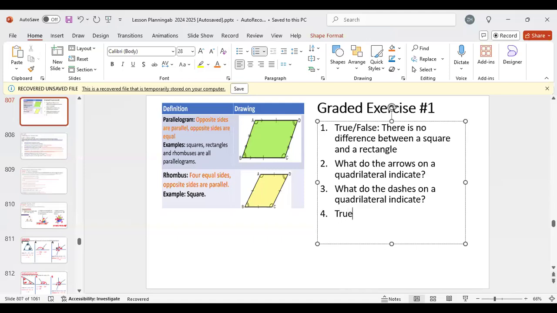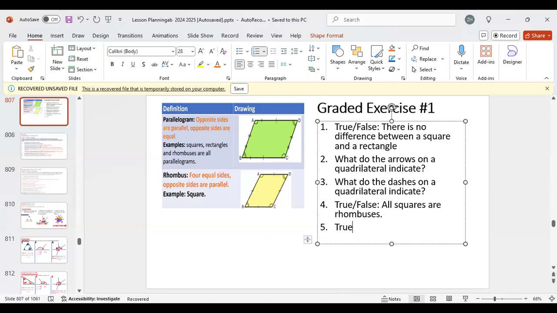True or false? All squares are rhombuses. True or false?